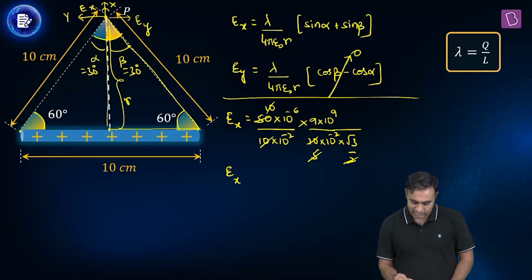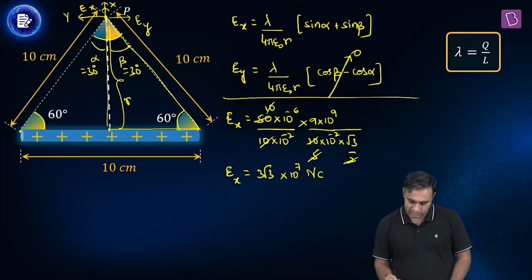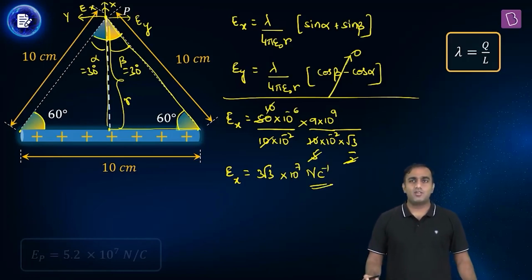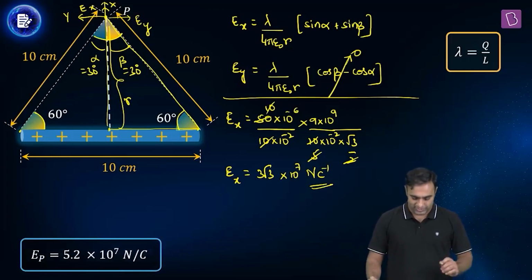This turns out to be 9 by root 3 or 3 root 3 into 10 to the power 7 Newton per coulomb. 3 root 3 is around 5.2. So the final answer is 5.2 into 10 to the power 7 Newton per coulomb.